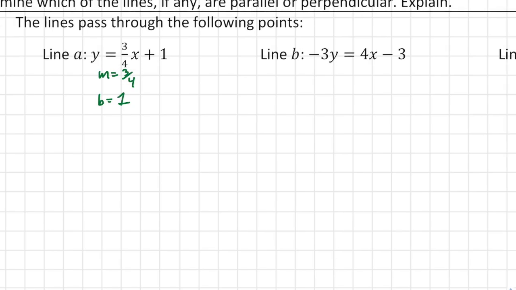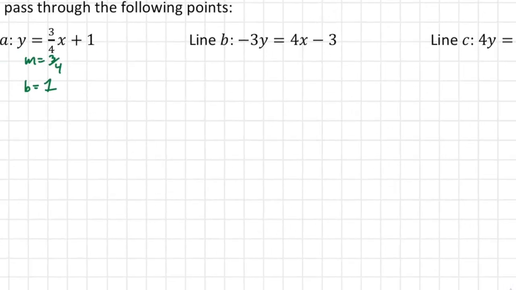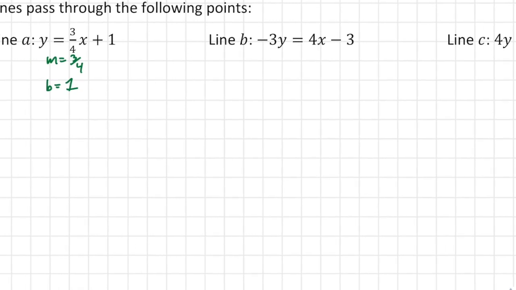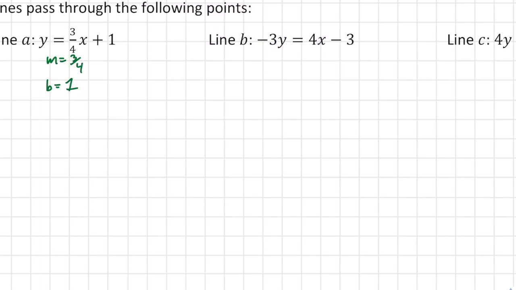Now for line B, it is not in slope-intercept form, so I want to convert it. Now all I would have to do here is divide everything by -3. So I can get rid of this -3 on the left. Got y is equal to -4/3 x plus 1.